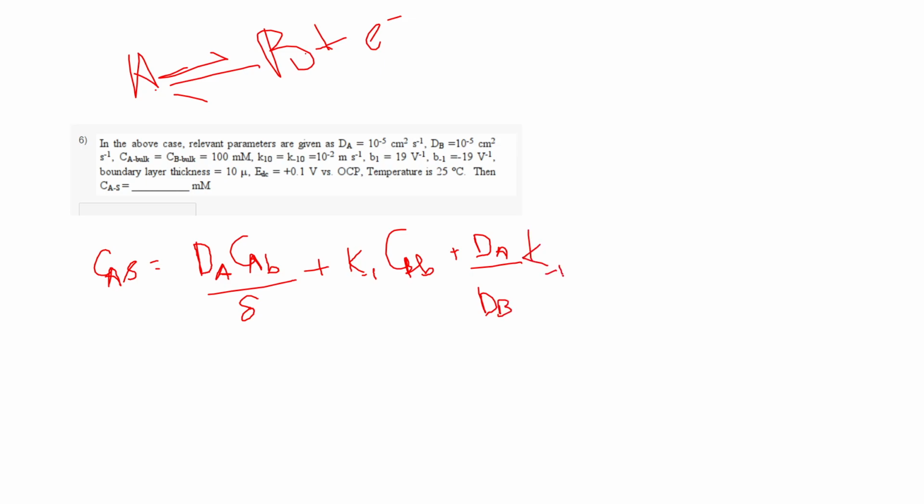So if you know the equation, then it's easy. Are you able to get this correct for the assignment? But here dA equal to dB, so that would be 1 for dA by dB.